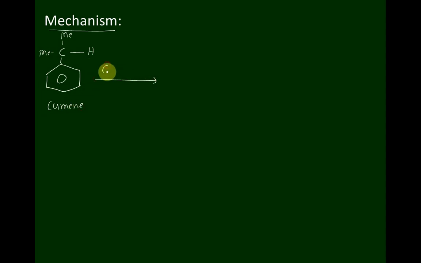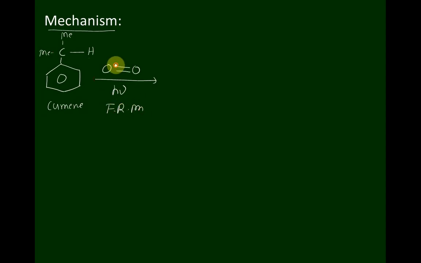Mechanism involved in the cumene process. First I'll write the cumene. Carbon, hydrogen, CH3. This is cumene. When cumene is treated with atmospheric air, it reacts with oxygen in presence of diffused sunlight, which means it undergoes a free radical mechanism.